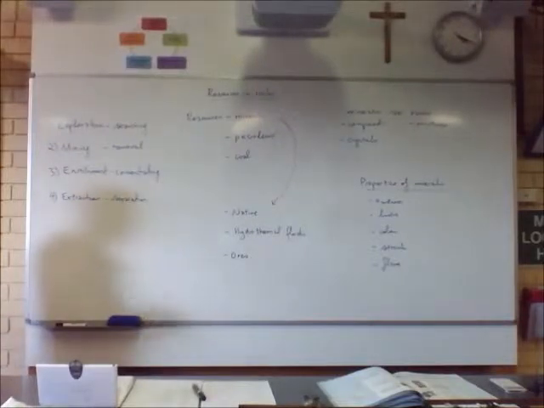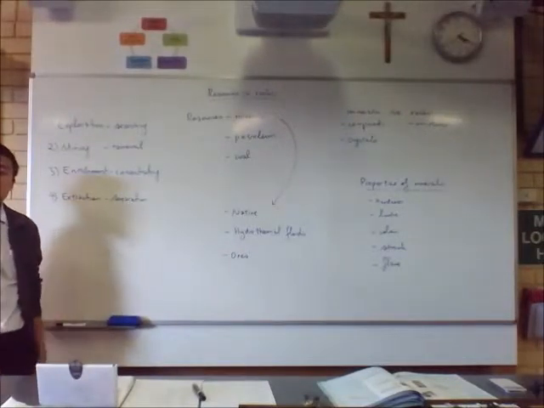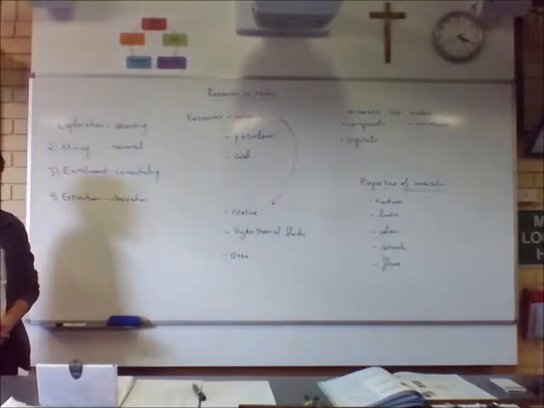Once we have that resource, it might not be concentrated enough to be of economic use, so we need to enrich it by concentrating enough of it to be of value, to be of use. And finally, once we have enough of it, we extract it, we separate it through chemical means.